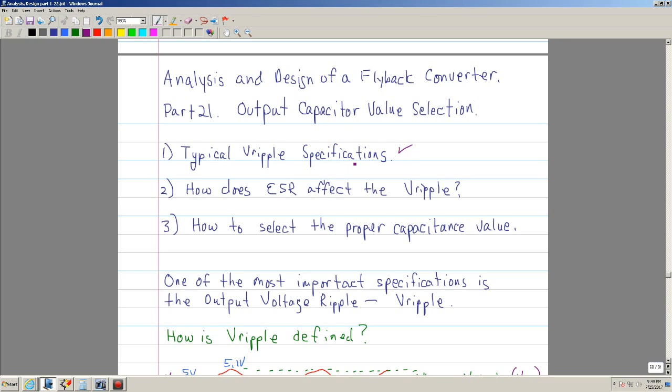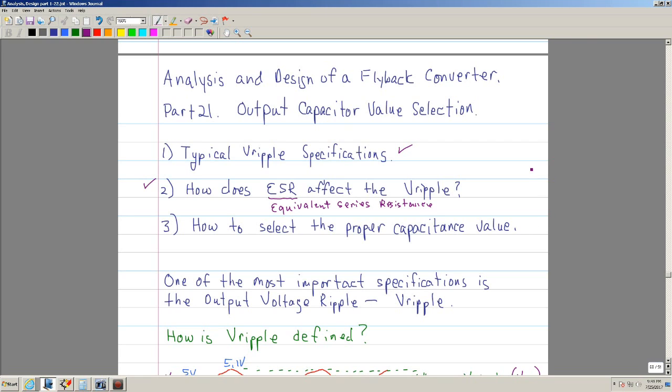They'll give you a specification, and once you have the specification and you know how much you will be designing, you have to know the ESR of the capacitor. In case you don't know what ESR means, it's equivalent series resistor or resistance.